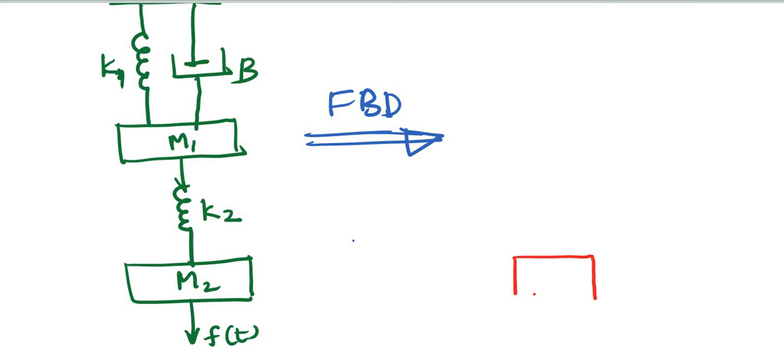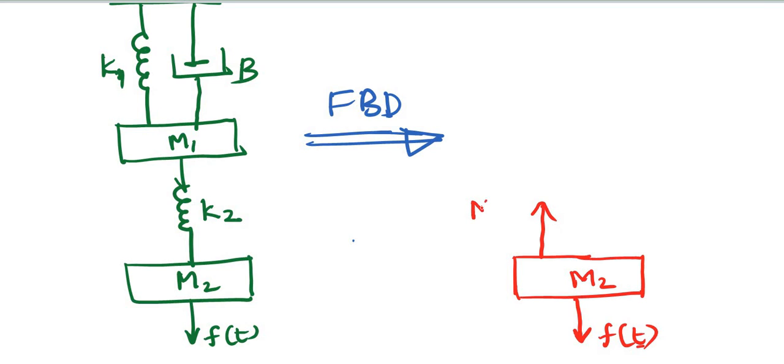So this is the mass M2 here. On mass M2, a force F of t is acting in the downward direction. This applied force is opposed by two forces. One is due to the mass itself, represented as M2 y2 double dot.